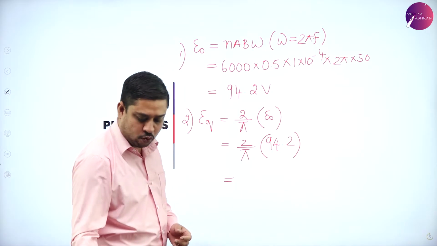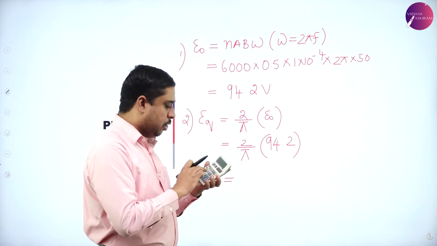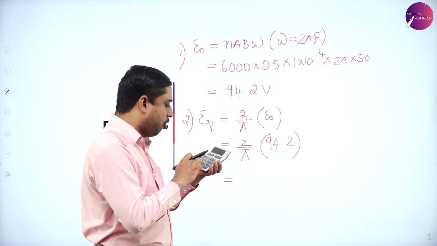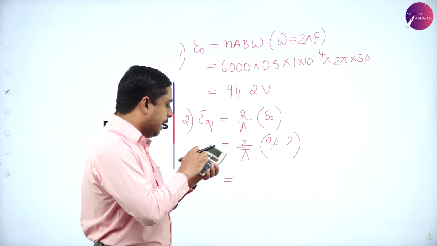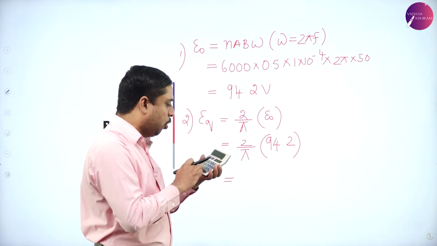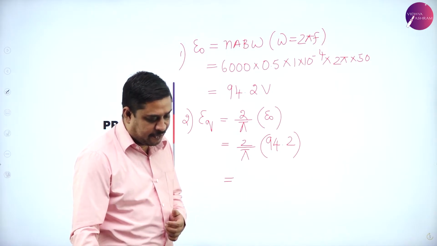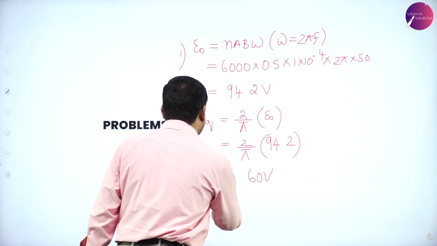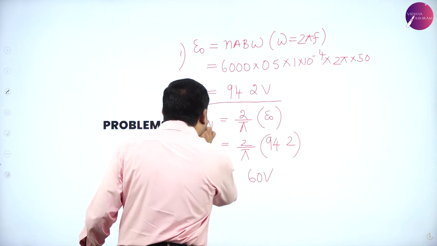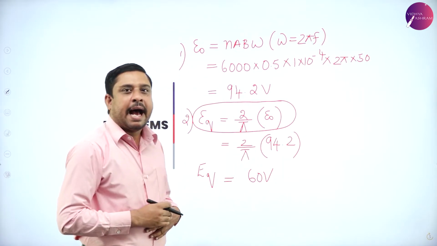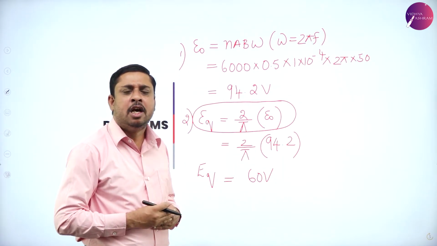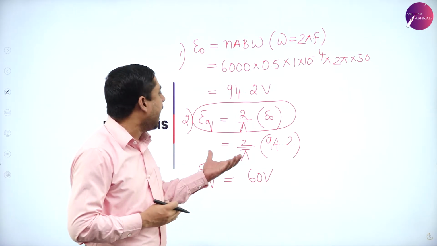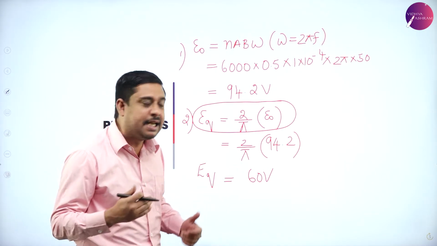So this turns out to be 2 divided by 3.14 into 94.2. So the answer is 59, nearly 60 volts. So E average. You need to know this expression. As I told, if the concepts are clear, substitution is very easy and the simplification is still easy.